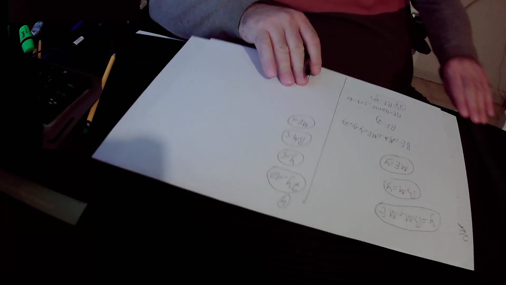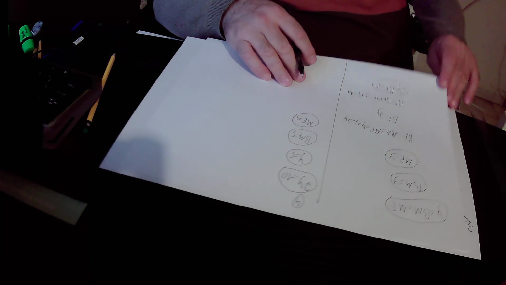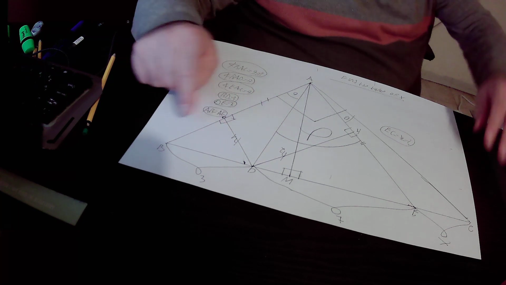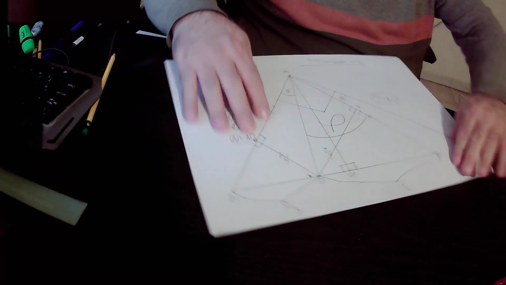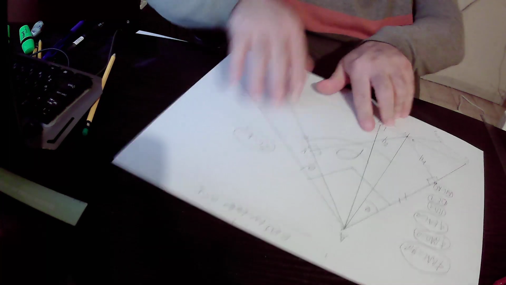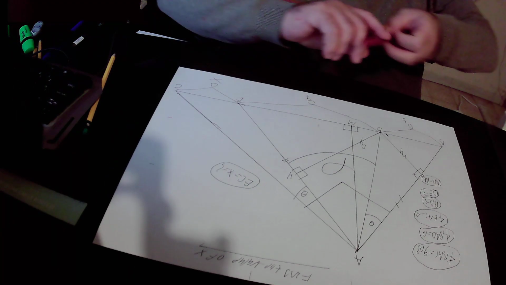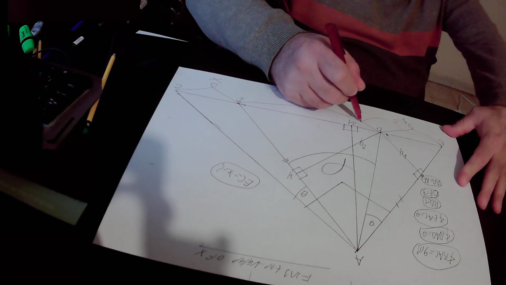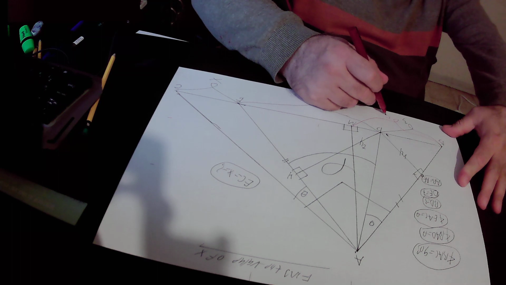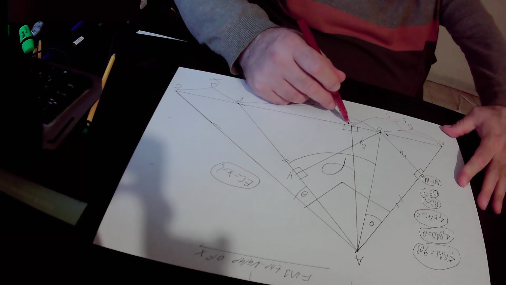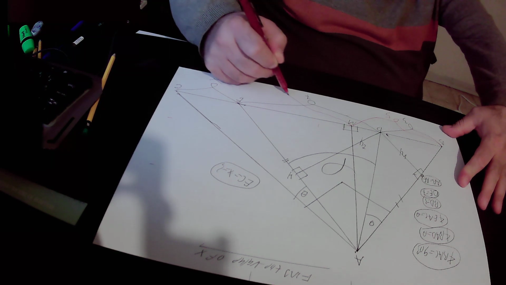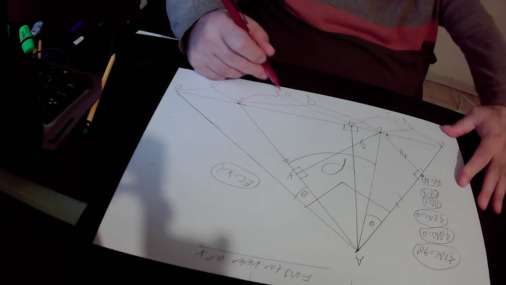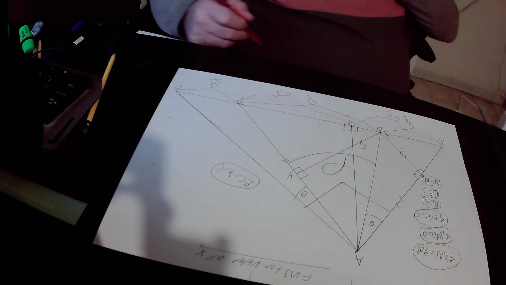So we can write here that BM equals 5 units. We already found out that BM equals 5 units, and ME is also equal to 5 units.